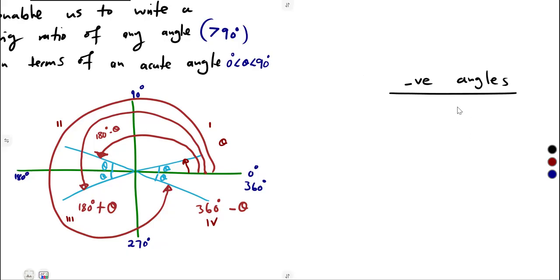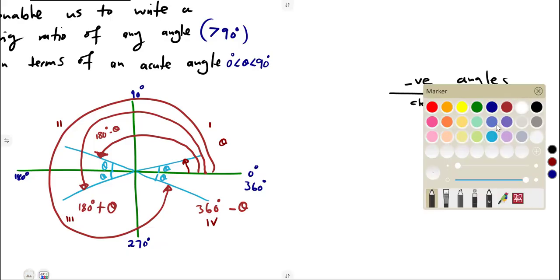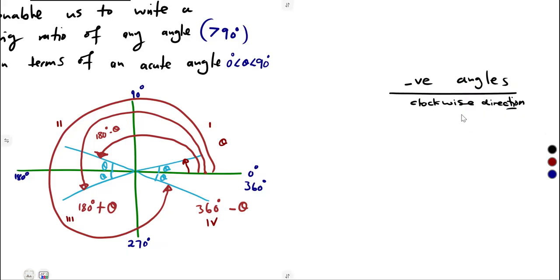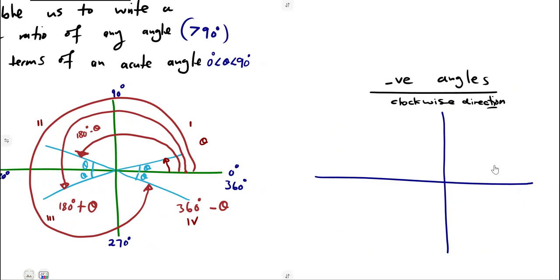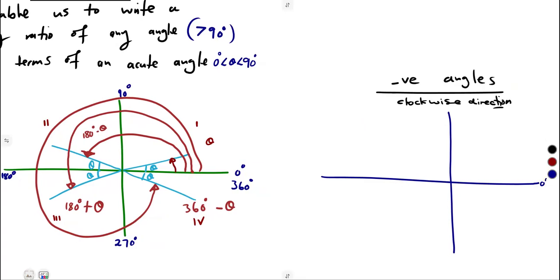So as for the negative angles, they are taken in the clockwise direction this time. The previous was what? It was anti-clockwise. This time they are taken in the clockwise direction. Meaning to say our angles will be this way from our reference axis, which is at 0 degrees. We are going this way. They are negative.